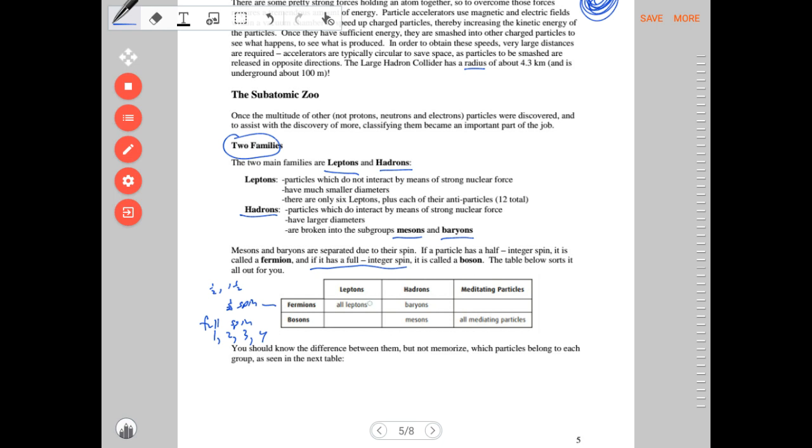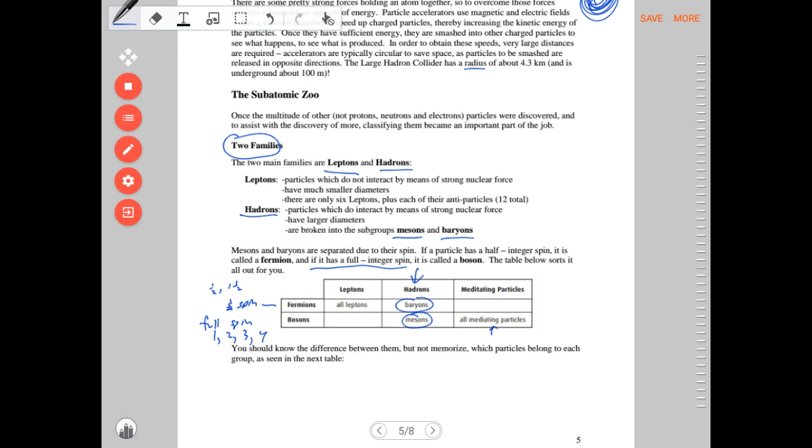Leptons can't be bosons because all leptons are fermions. All leptons have half spins. So the mesons are full spin hadrons. Remember, mesons and baryons are both hadrons, and mesons have the full spins.